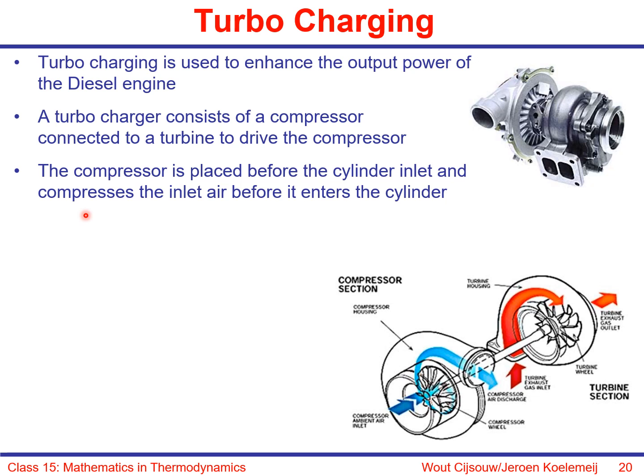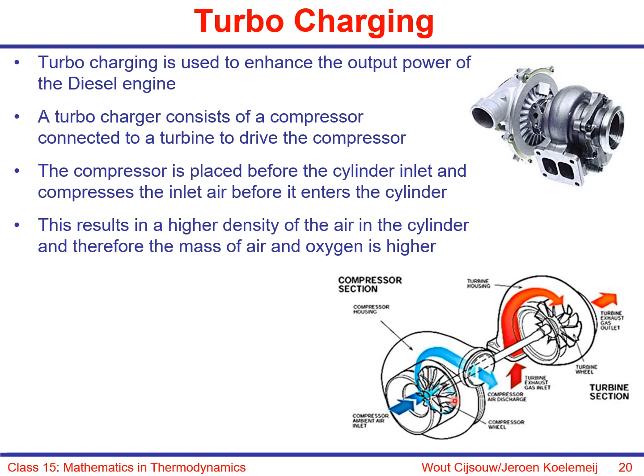So now how does that work? This compressor we put before the cylinder inlet, and it's being driven by the turbine, and it compresses the air. So the air comes in at a higher pressure when it enters the cylinder. So there's more mass going into the cylinder.